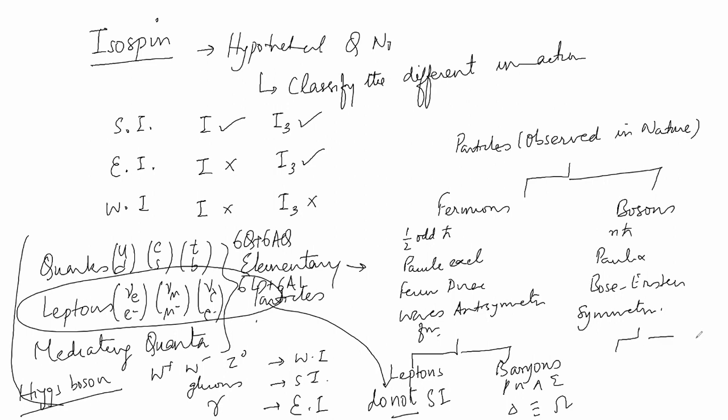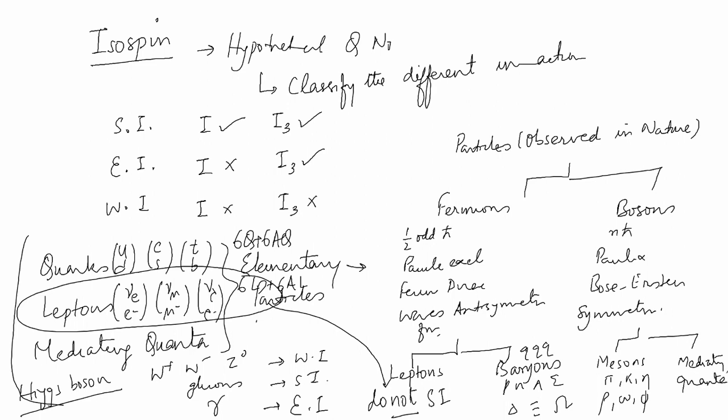And then what are bosons? One is the meson: pi meson, k meson, eta meson, rho meson, omega meson, phi meson. They are made up of a quark anti-quark pair, while all baryons are made up of 3 quarks and anti-baryons of 3 anti-quarks. And then you have mediating quanta.